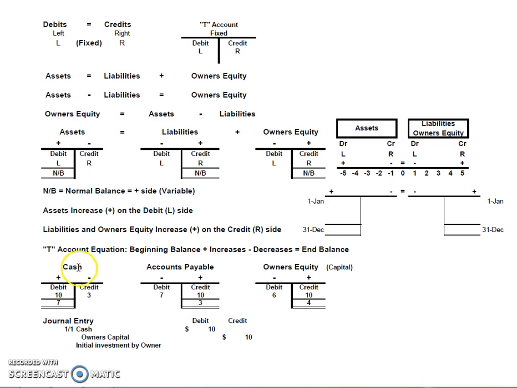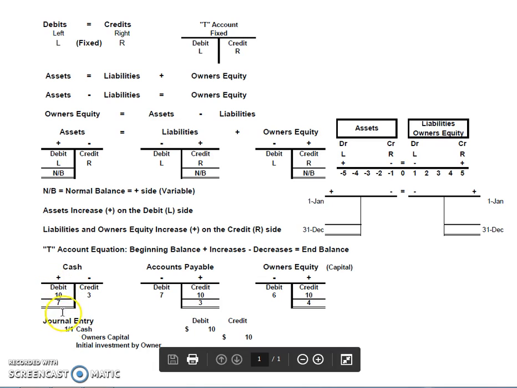Here is an asset, cash. This is a liability, accounts payable. And here's owner's equity, which would be a capital account. And we can see that it has a beginning balance. In a new business, the beginning balance would be 0. We're showing an initial entry from the owner, an initial investment.